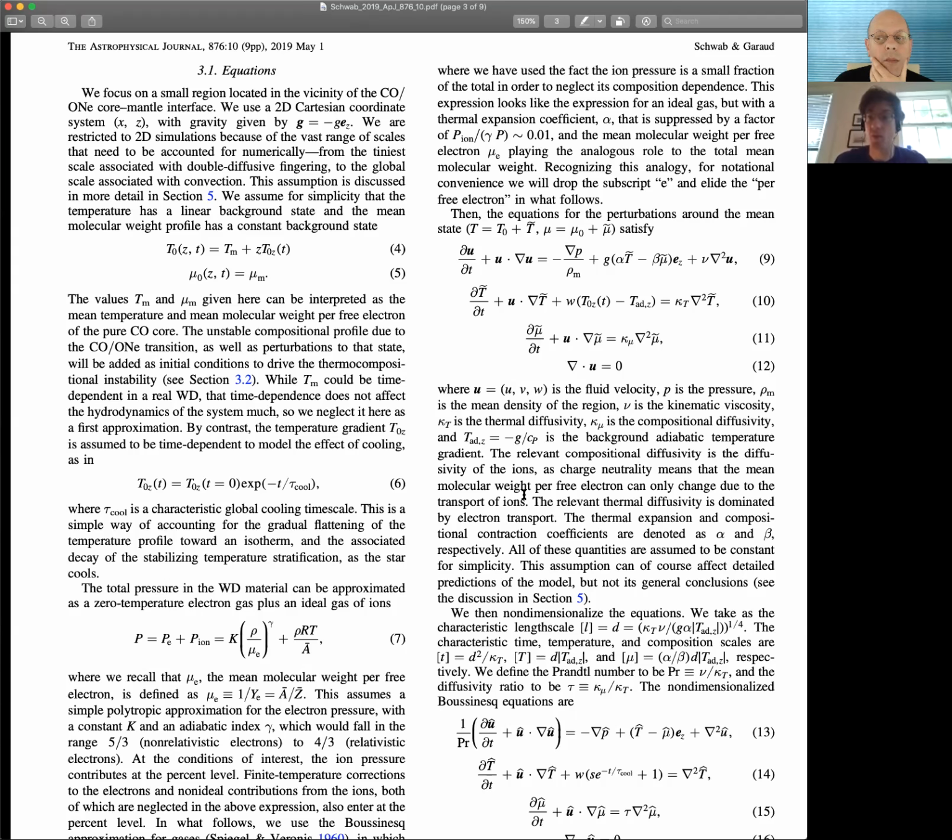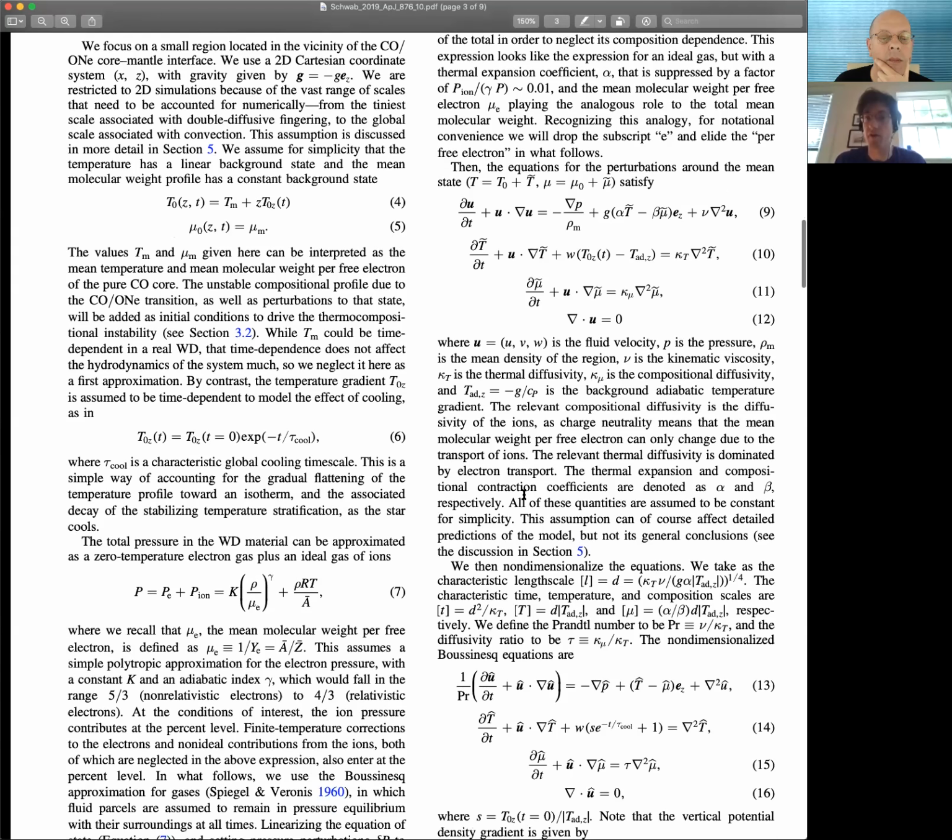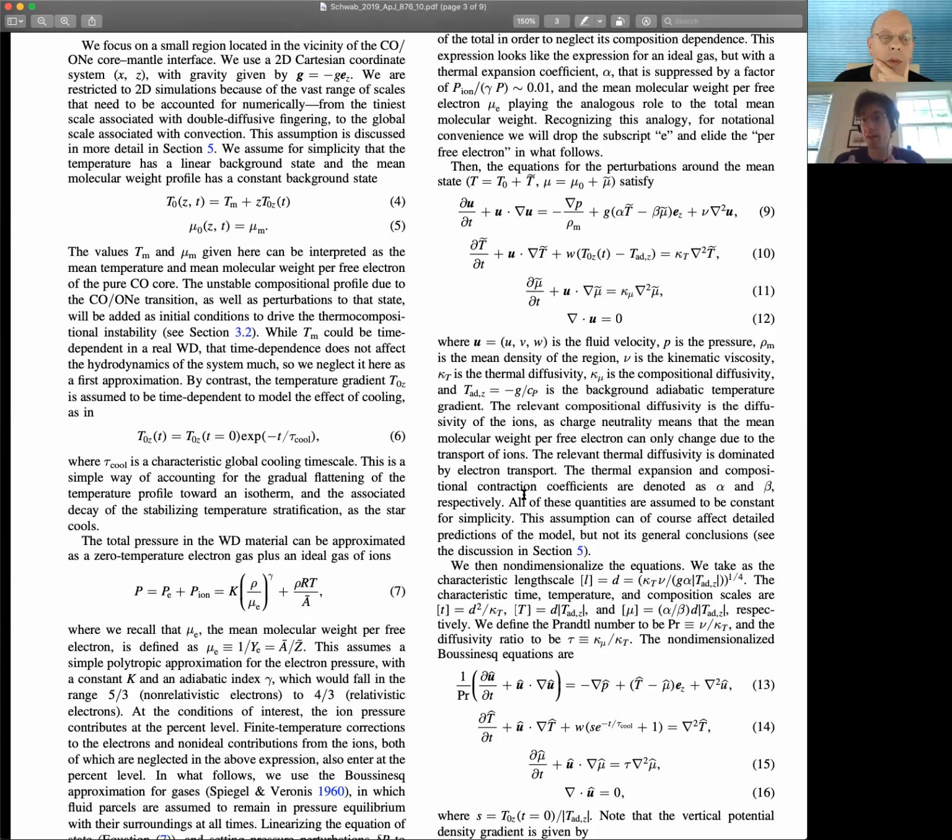And one thing is that we're going to try to linearize them, and so express everything in terms of a temperature gradient and a perturbation around that, a composition gradient and a perturbation around that. And we're going to make rough estimates of what the important parameters are.